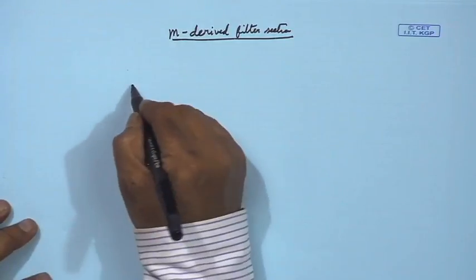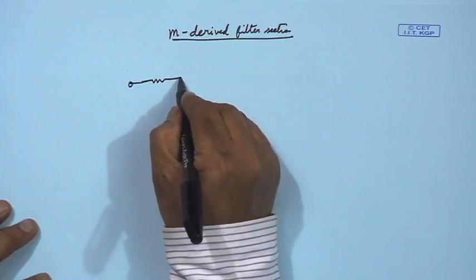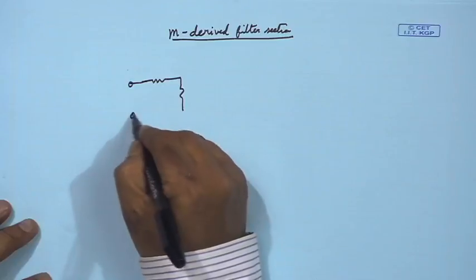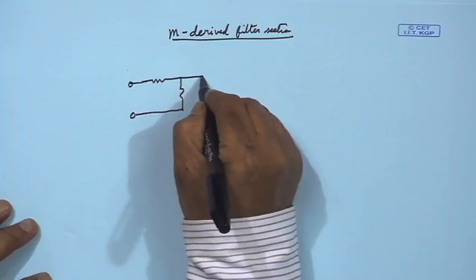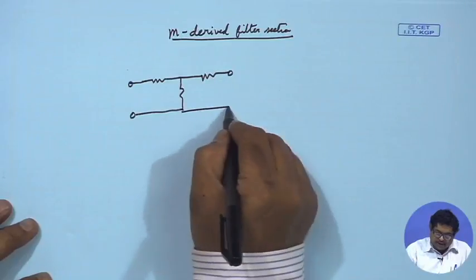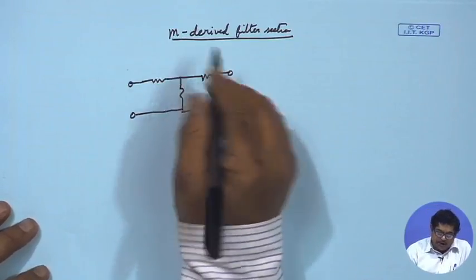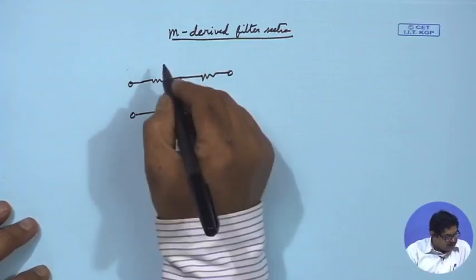So, what is an m-derived filter? Almost the same as our constant k filter. I start with a T section. So, this is the same as the T section, it is a symmetrical section, reciprocal element, lossless element, all these are reactances.